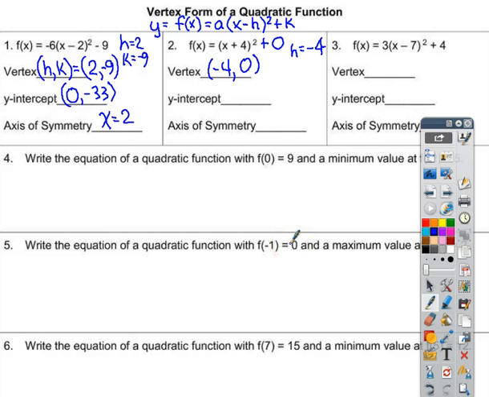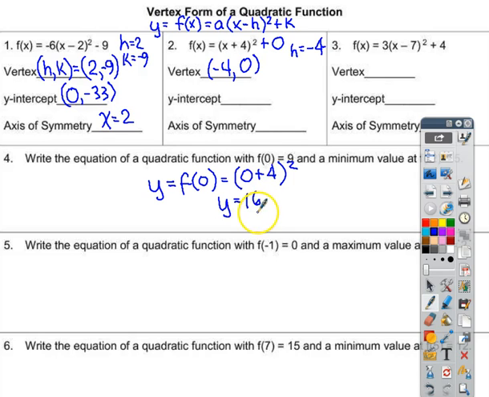Now, to find the y-intercept, we're going to plug in f of 0. That's going to be equal to y, and f of 0 is simply 0 plus 4 quantity squared. 4 squared is 16, so that tells us that y is equal to 16.